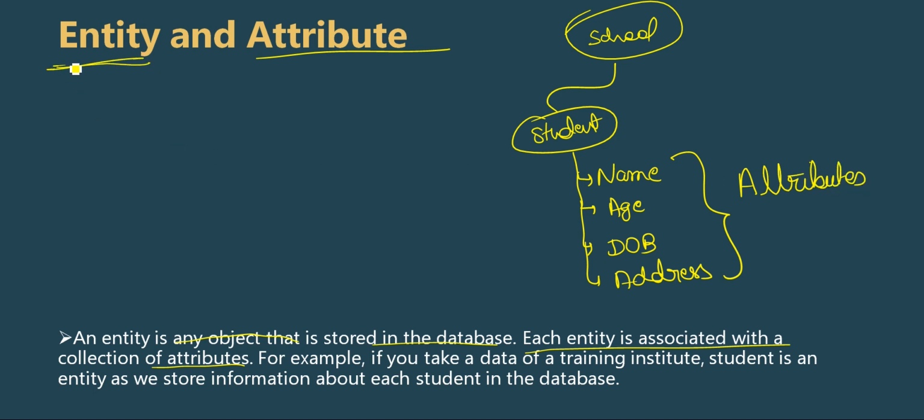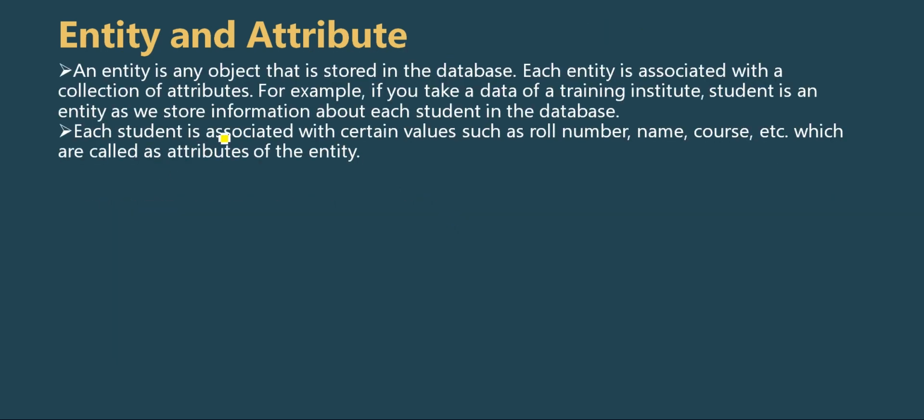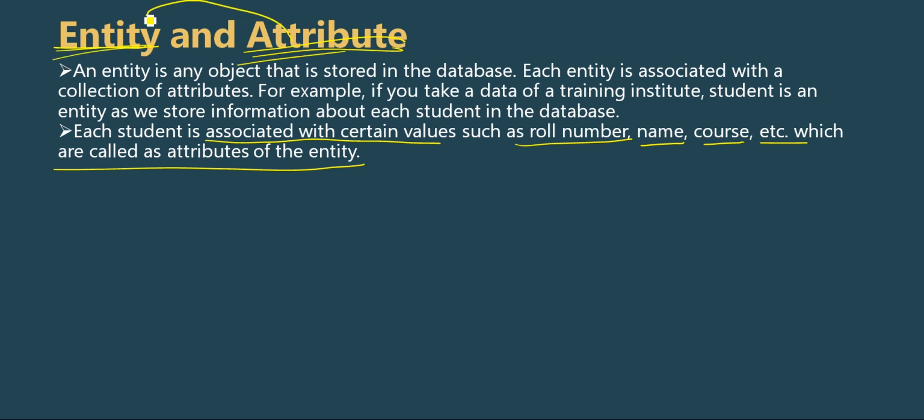So a particular entity can have many attributes. I think it is clear to us, right? Each student is associated with certain values such as roll number, name, course, etc., which are called attributes of the entity. So entity is any object, and attributes are the properties of these entities.